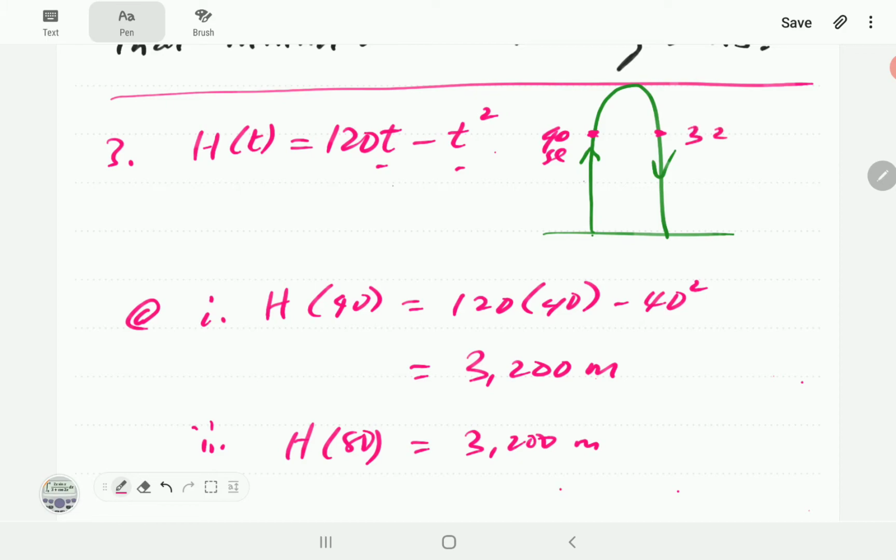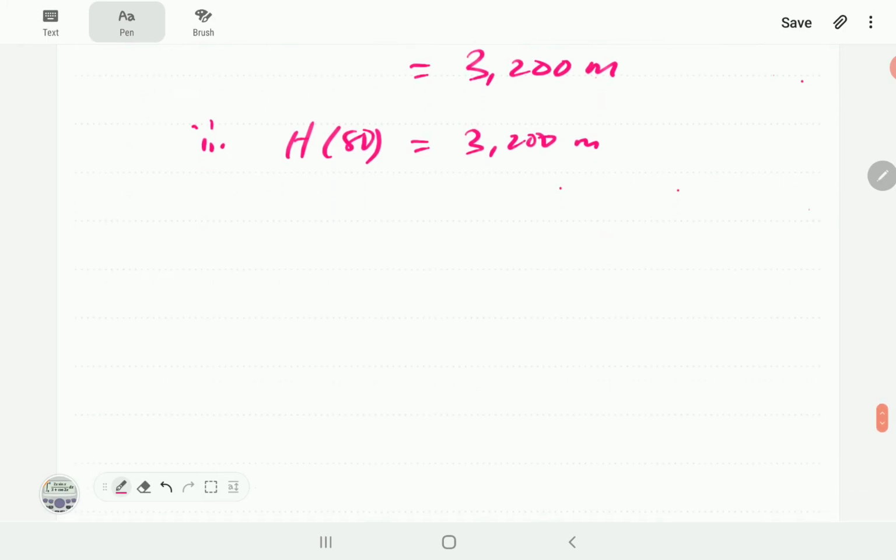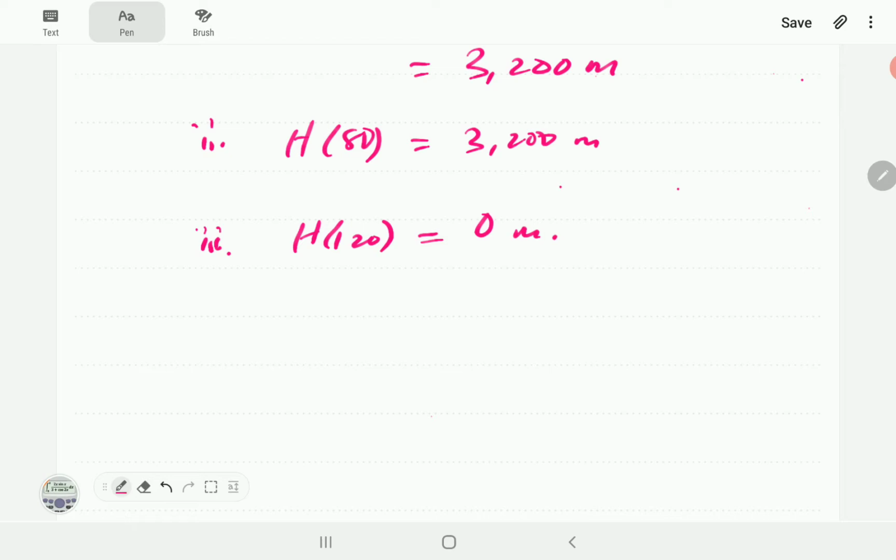So 3,200 meters in both cases. And then after 120 seconds, we find that the bullet is going to be back at ground level. So the height is 0 meters.